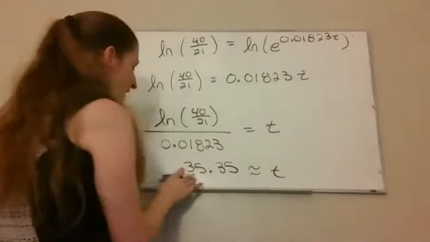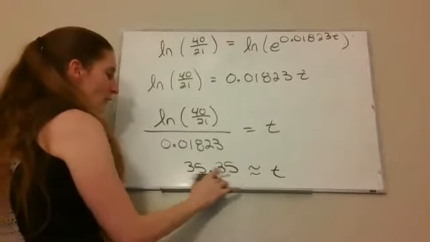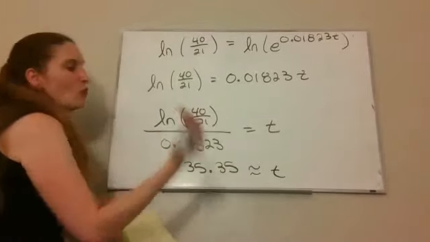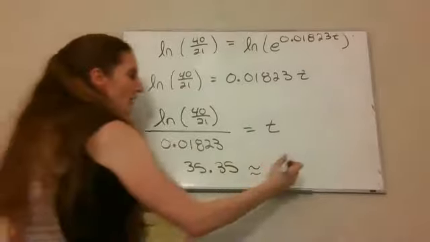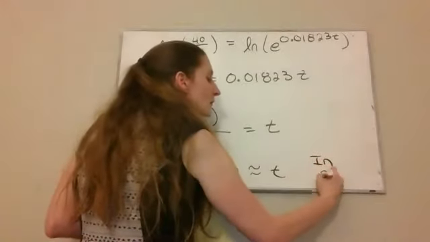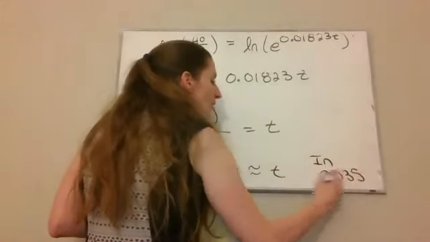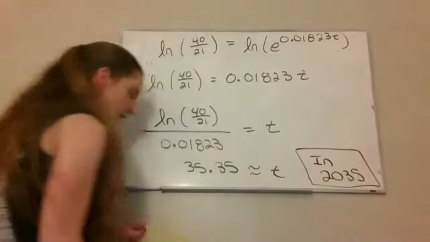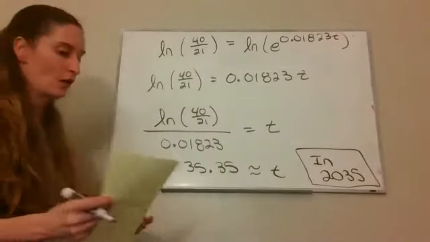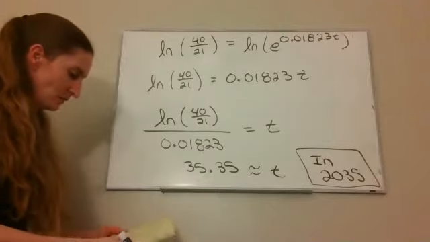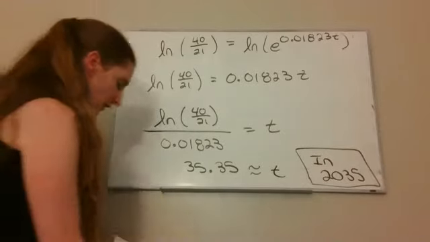So having t equal 35.35 means that we're somewhere in the year 2035. Partway through that year, the population will reach our 40 million. All right.